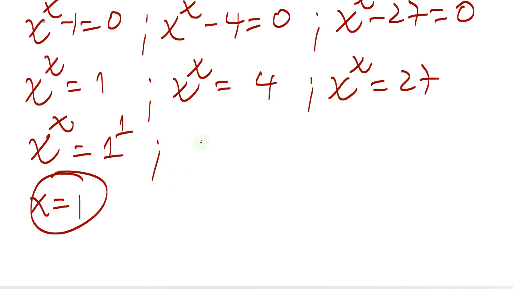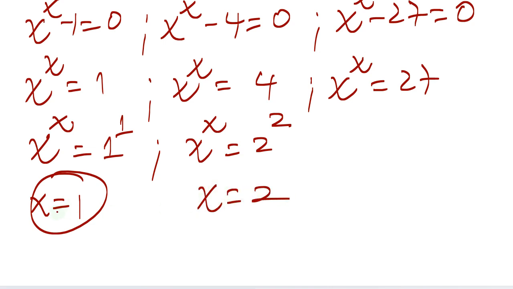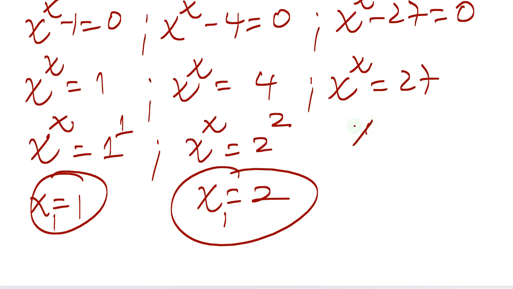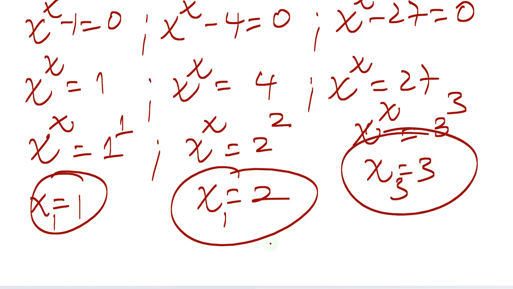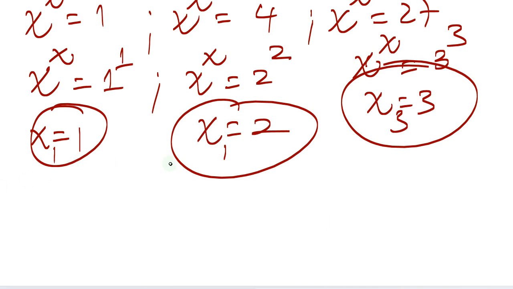And from here we have x to the x equals 2 to the power of 2, which means that x is equal to 2, so this is x2. And then x to the x equals 3 to the 3, which means that x is equal to 3, so this is x3. So these are, guys, our solutions: x1 equals 1, x2 equals 2, and x3 equals 3.